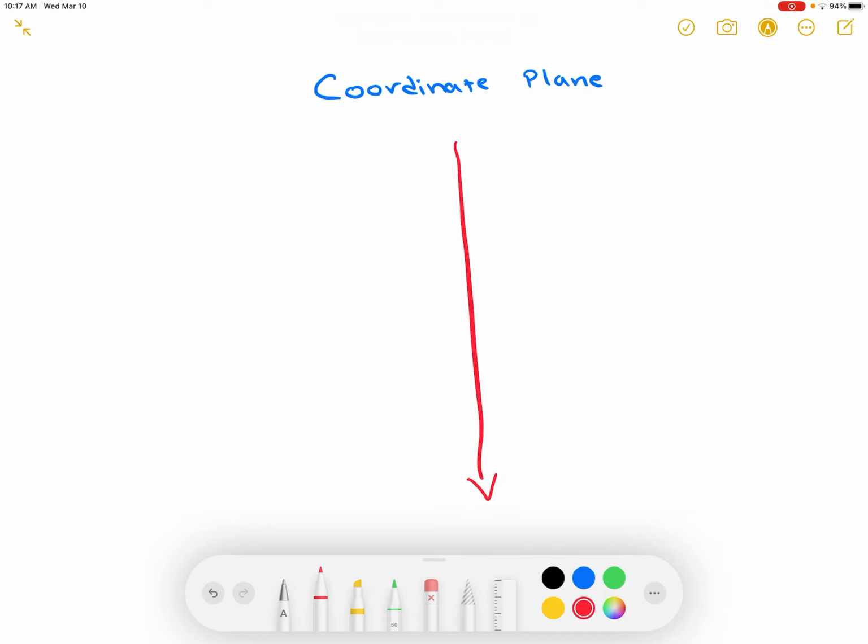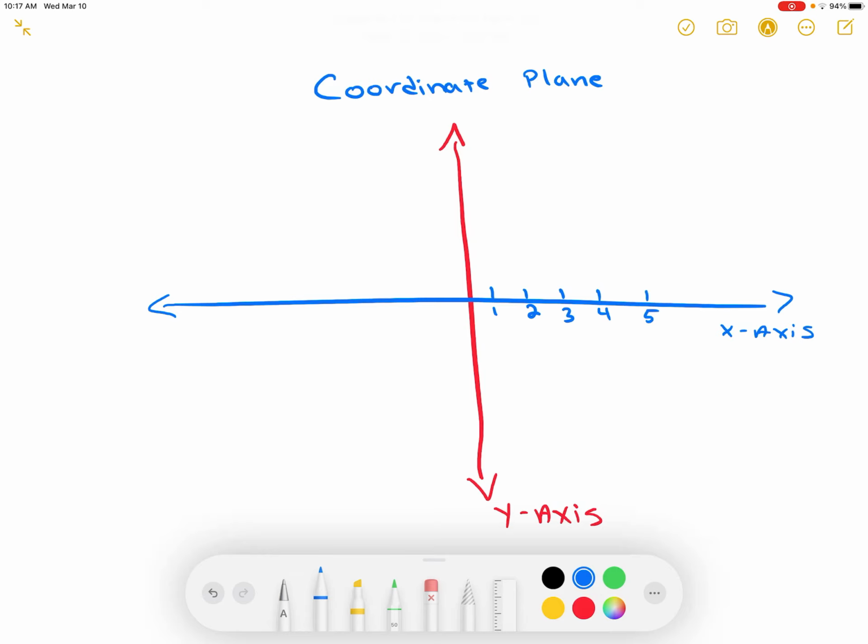So we have the x-axis, going from the right is 1, 2, 3, 4, 5, and so on to that way. This way is negatives, -1, -2, -3, -4, -5, and so on all the way to infinity that way.